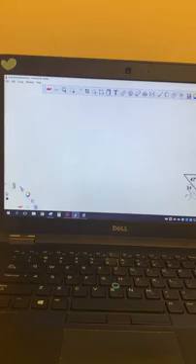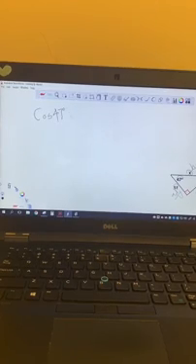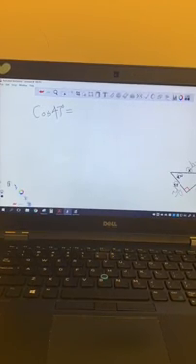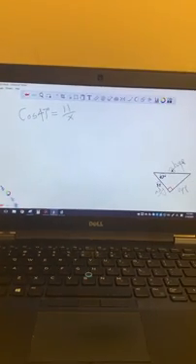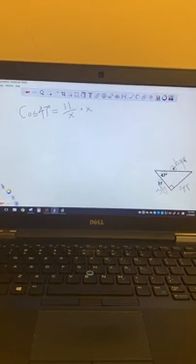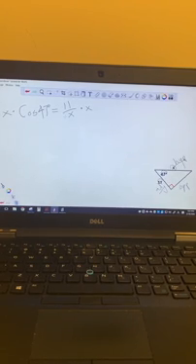So cosine of 47 degrees is equal to 11 over x, adjacent over hypotenuse. So we're going to multiply by the bottom, always, to get rid of the bottom one.